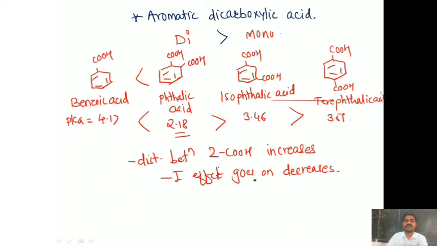So minus I effect decreases, therefore acid strength also decreases. This is the case of aromatic dicarboxylic acid.